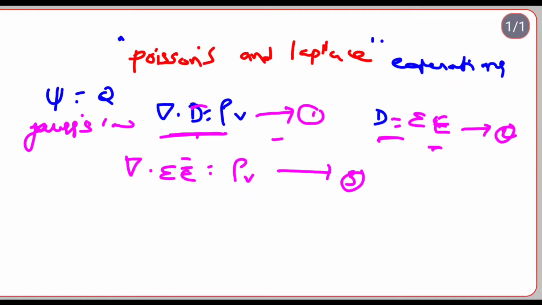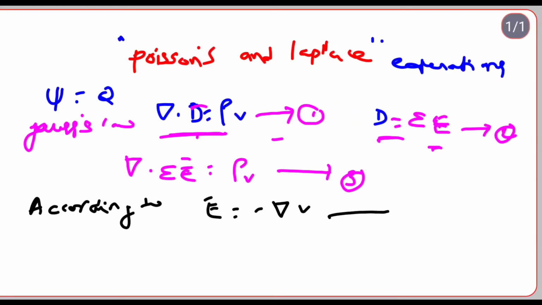From the potential gradient relationship, what is the relation between voltage and E bar? According to the potential gradient, E equal to minus del V. In the previous classes we discussed this, E bar equal to minus del V. Make it equation number 4.